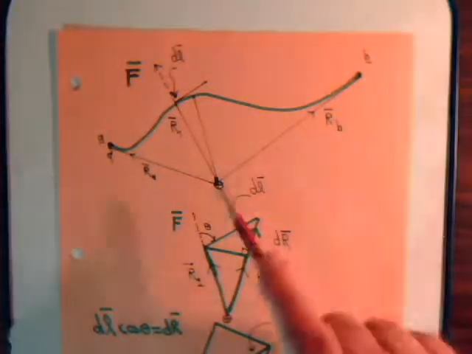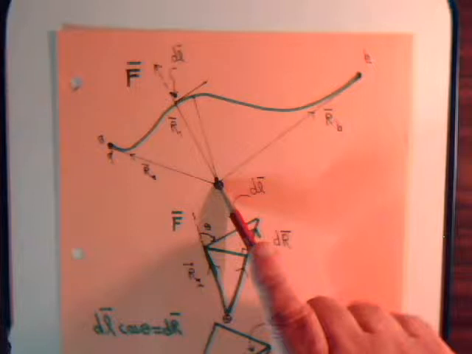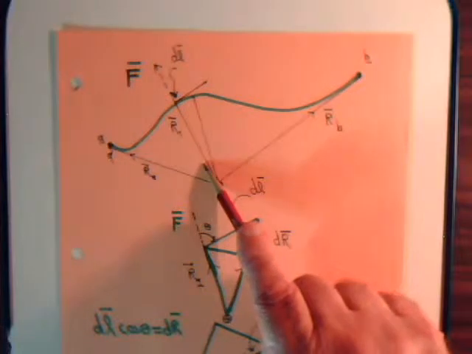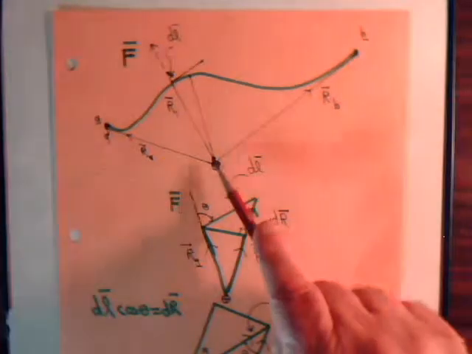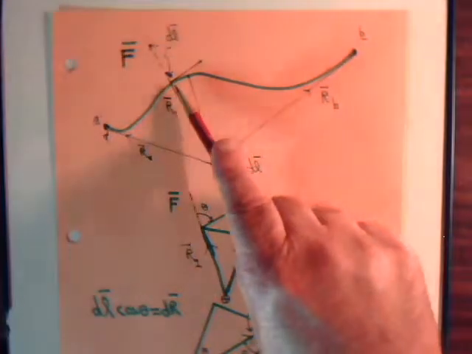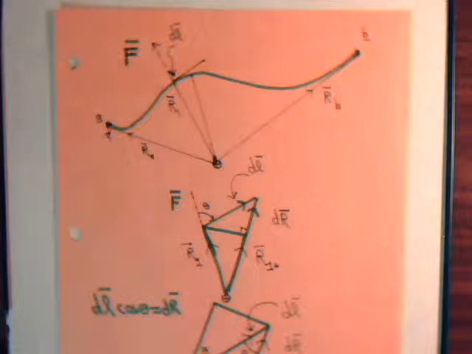Now, the vector that goes almost right next to R1, we're calling it R1 plus, and because it's so close to R1, again, it just goes to the very end of the differential line segment, dl.